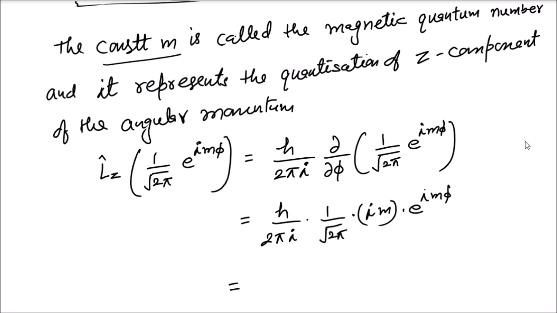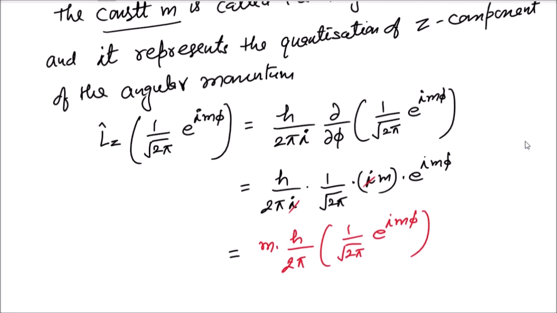So the iota cancels, and it is m into h/2 pi and the function 1/√2 pi e raised to power iota m phi.